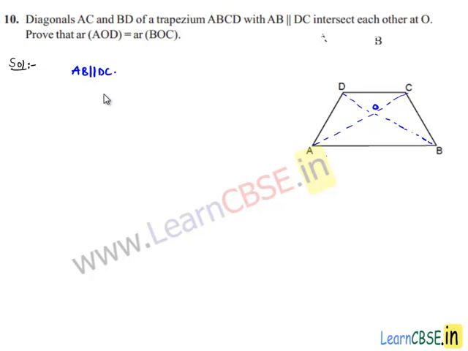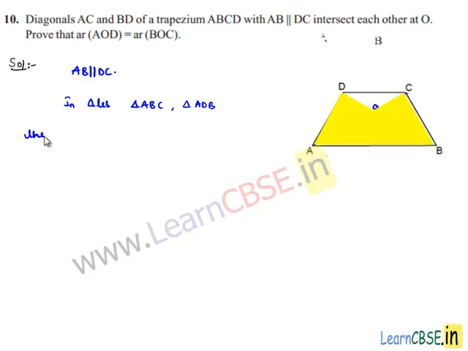Now, as it is given that AB is parallel to DC, let us consider the two triangles, that is triangle ABC and triangle ADB.